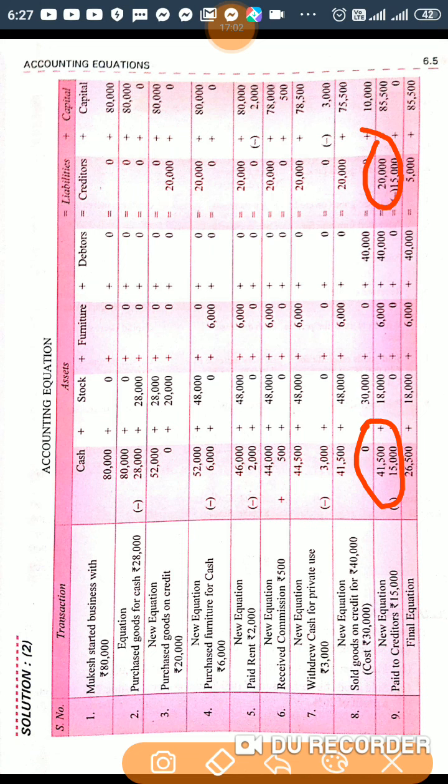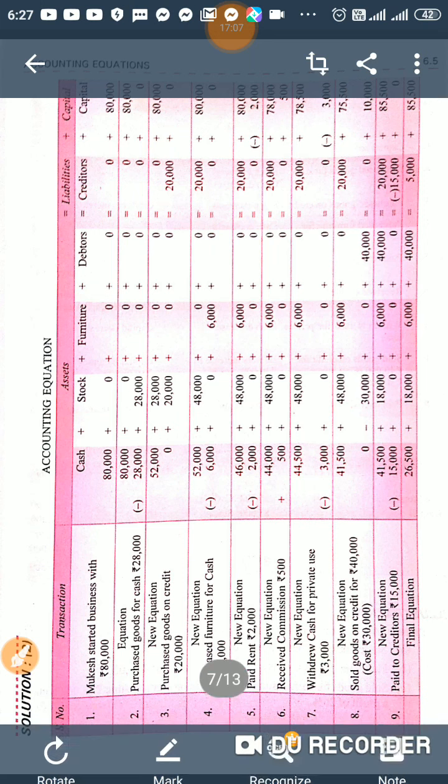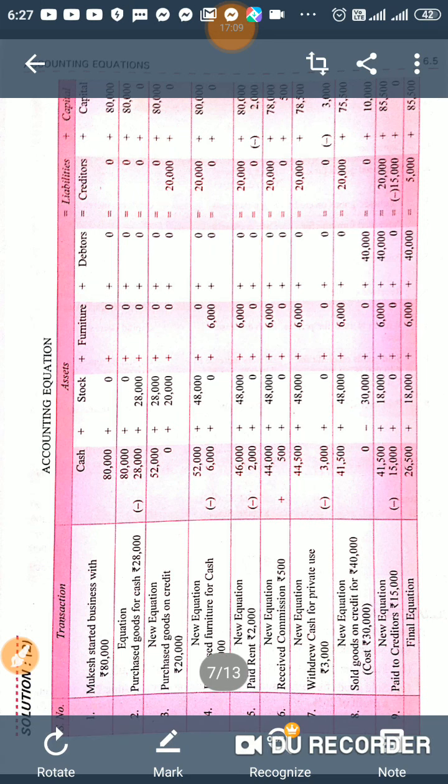After that there is no other transaction given in the question, so we reach the final equation. Cash balance is 26,500, stock is 18,000, furniture 6,000, debtors 40,000, creditors 5,000 remain, and capital is 85,500. So the sum total of liabilities plus capital is 90,500, and the asset side sum total is also 90,500.